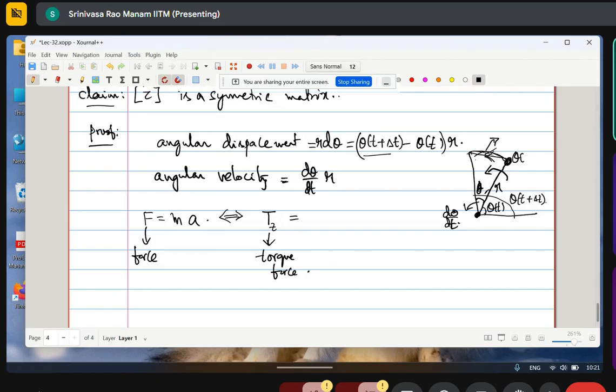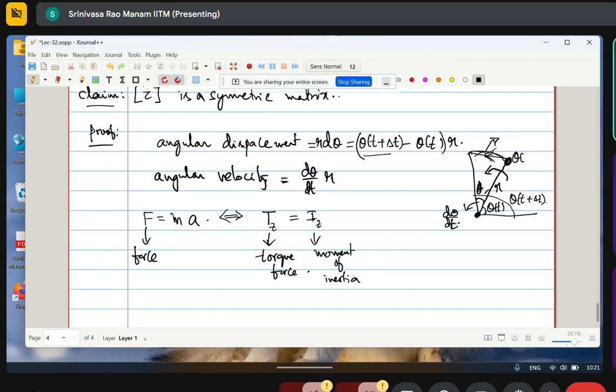So that is what the mass becomes here, the moment of inertia. I'll represent it as Iz, moment of inertia. So this is your moment of inertia, and omega is basically whatever you have seen, angular velocity.